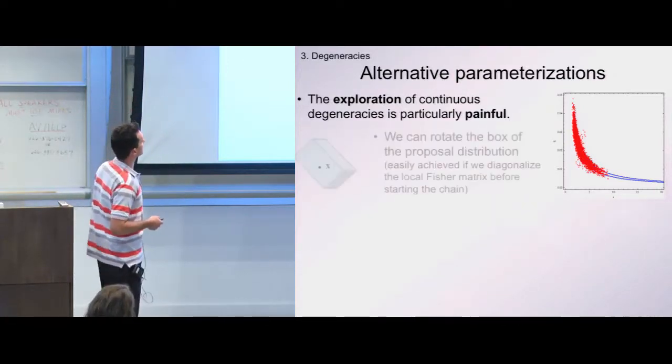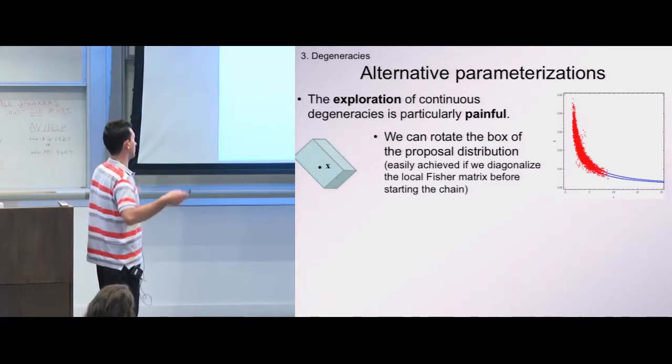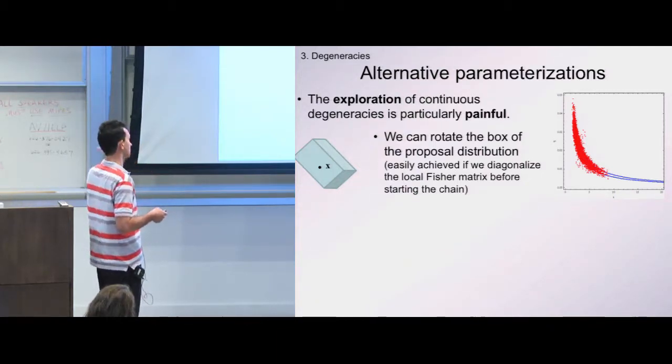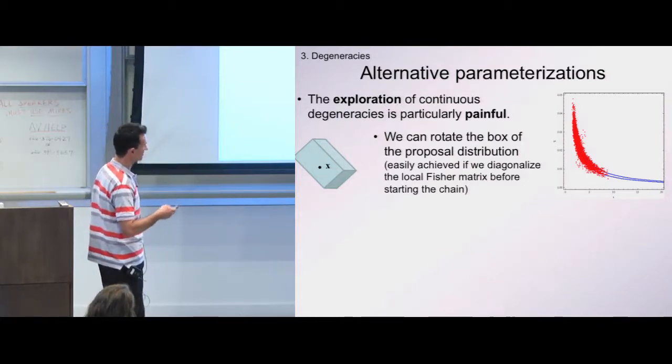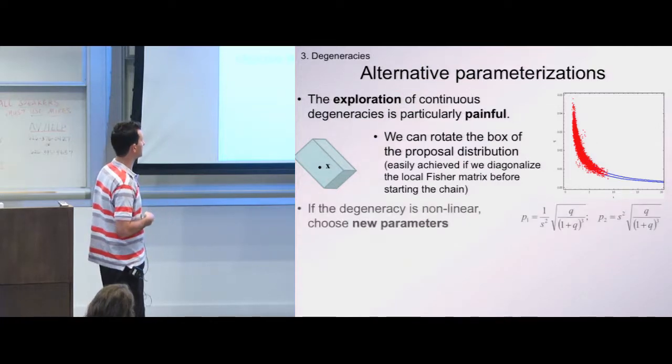In these cases, we can set up some tricks. One possibility is that we rotate the box of the proposal distribution, and this can be easily achieved if you diagonalize the Fisher matrix before starting the chain, so that you adapt it to the degeneracy. But this only works if the degeneracy is linear.